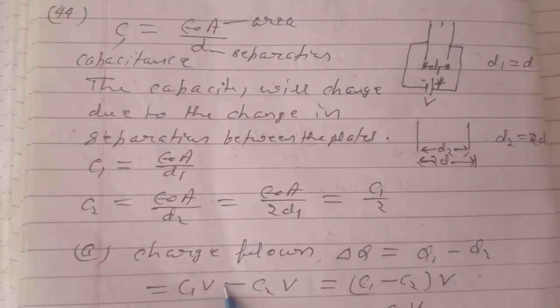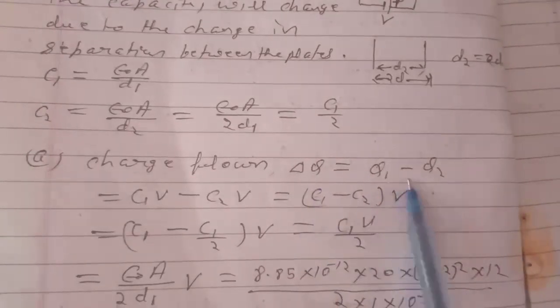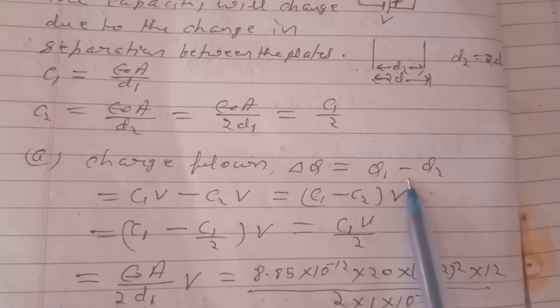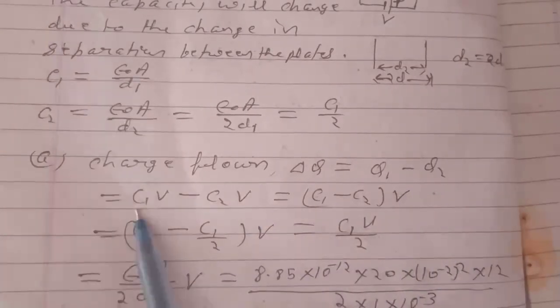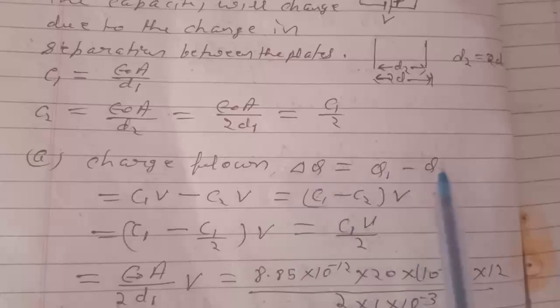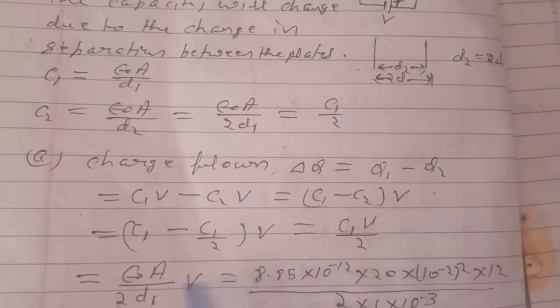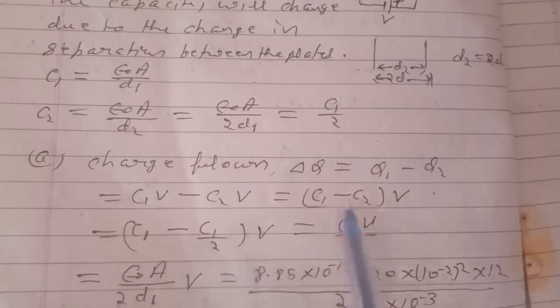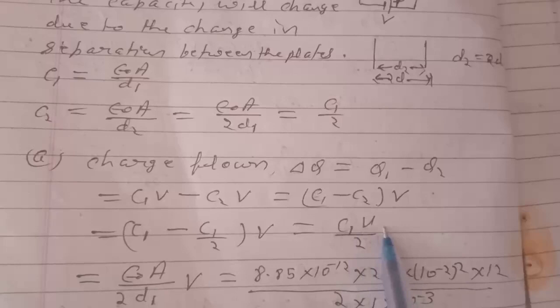So the charge flown will be delta Q equal to Q1 minus Q2, the initial charge minus the final charge. So C1 V minus C2 V, because the battery is not removed, so the potential is the same. That is C1 minus C2 into V, and C1 minus C2 is C1 by 2, so C1 by 2 into V is C1 V by 2.